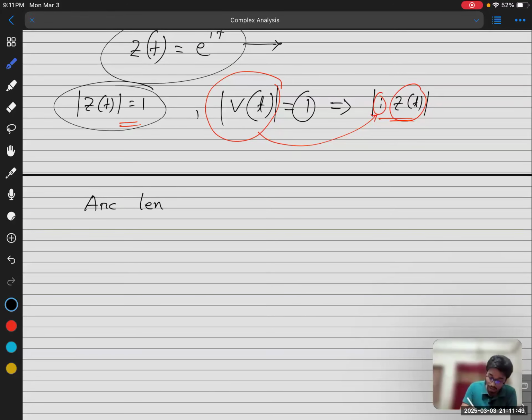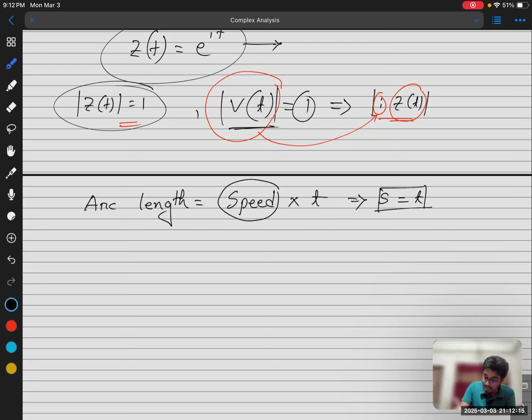So the arc length will be speed times the time t. We know that our speed is going to be 1 for that particle just because the modulus of v of t is going to be 1. So that's why this is representing arc length. We can represent arc length by s, then s is equal to t.